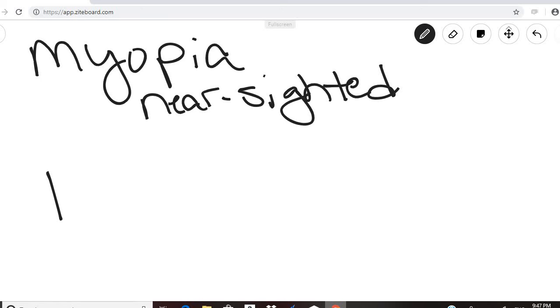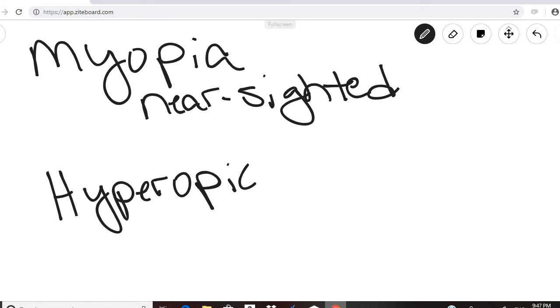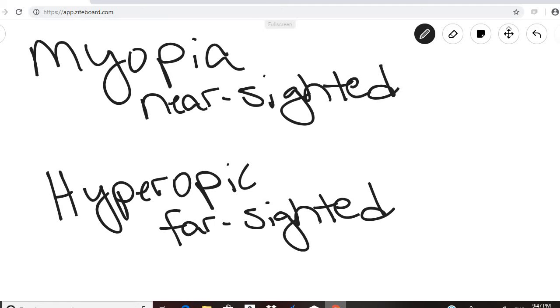And then hyperopia is farsighted. So these people can see things close up, but they can't see far away. So I'm nearsighted. Farsighted, you can see far away, but you can't see up close. So our lenses don't always work perfectly.